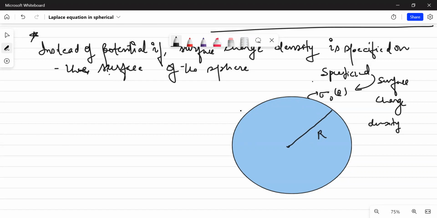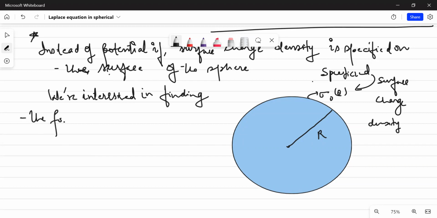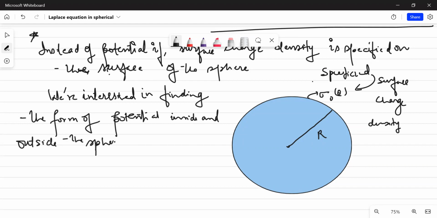So we are interested in finding the form of the potential inside or outside. Is that clear?